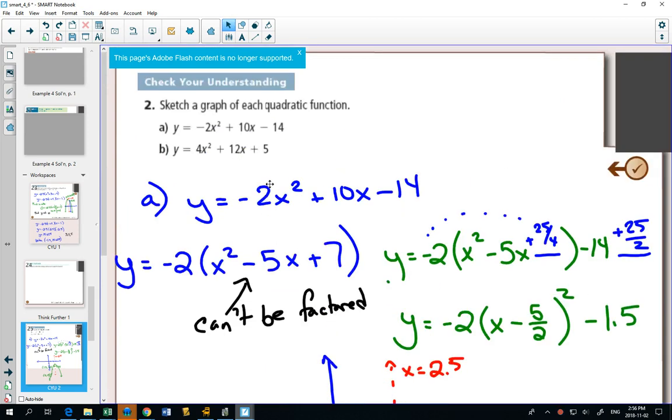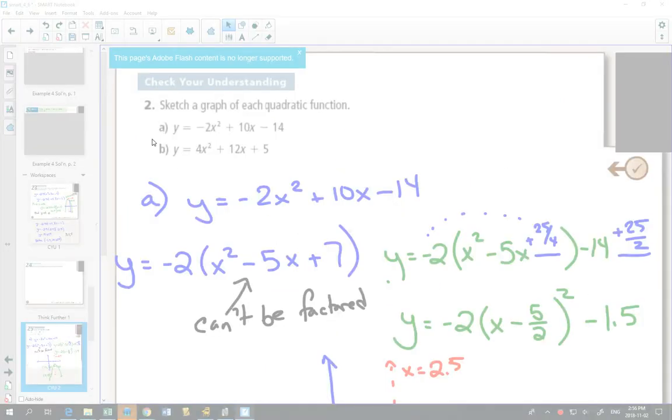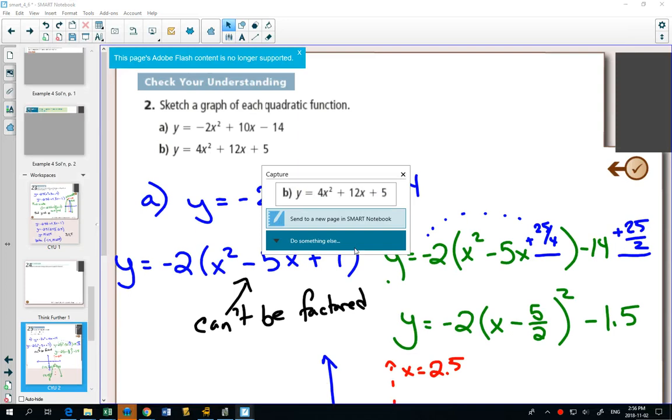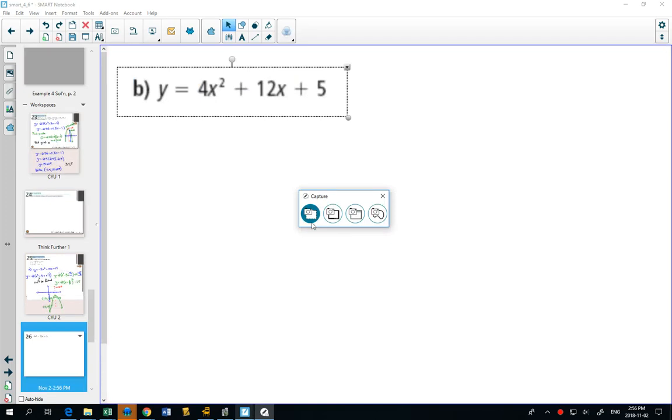Let's look at example 2, or part B. Can this one be factored? Yes.